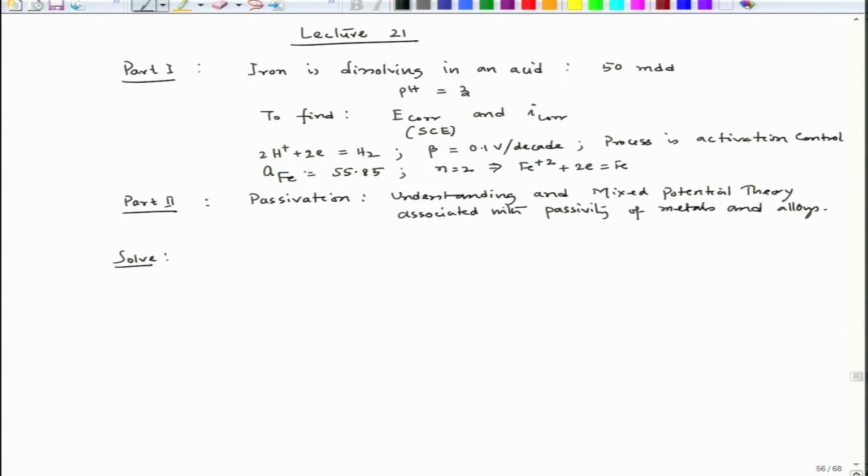Now, since it is mentioned activation control, that means we can draw mixed potential theory. This is log I versus potential.